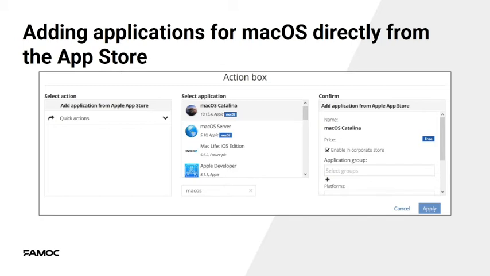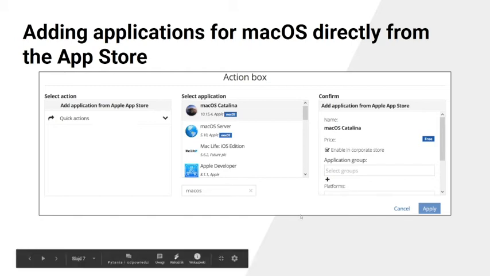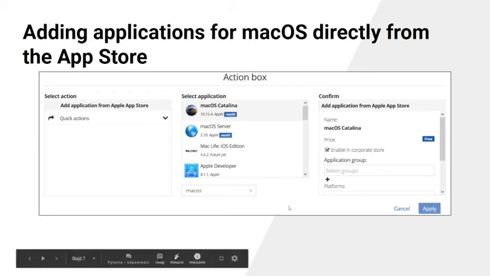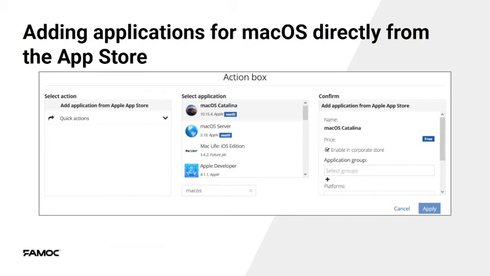Here, on purpose, I searched for macOS apps, so you will see that all the applications that are designed for macOS have that blue icon that indicates that the application is developed exclusively for macOS. So you can now add those apps and install them on the devices using the Famoc console. From that level you can do that.